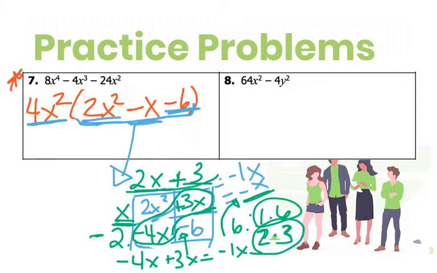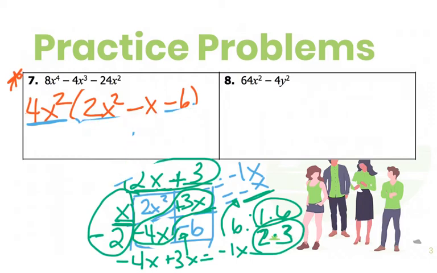Remember, those are the outside lengths. Okay, these guys. So I am going to come back here. And again, remember, this 4x squared, that's as far as I can take that factor. So 4x squared. Now, this trinomial, that can be factored more.